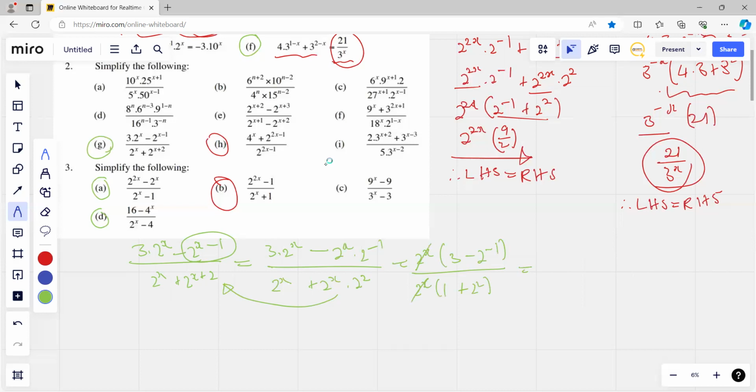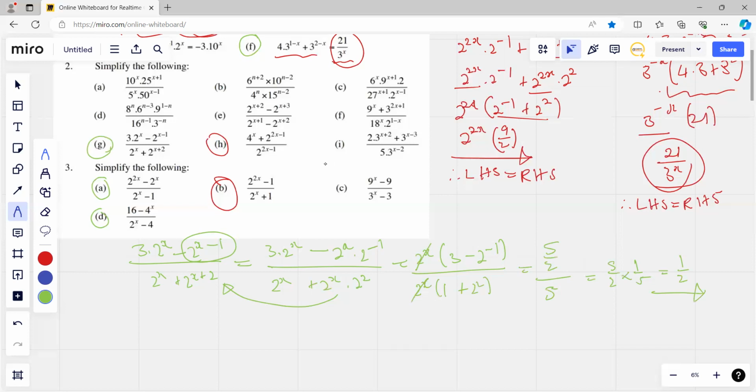Then we're going to have 3 minus 2 to the exponent negative 1, which equals 5 over 2, divided by 1 plus 2 to the exponent 2, which is 5. Then basically we have 5 over 2, applying the reciprocal, times 1 over 5. So basically we get 1 over 2. That is our answer.